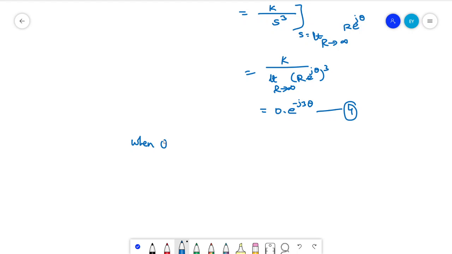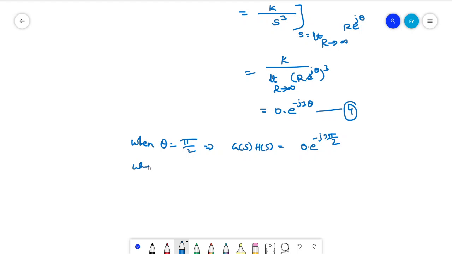When theta is equal to 90, or we can take 90 as pi by 2 also, that implies g of s into h of s will be equal to 0 into e power minus j 3 pi by 2. 3 pi by 2 is nothing but 270, right? 3 pi by 2 means 270.